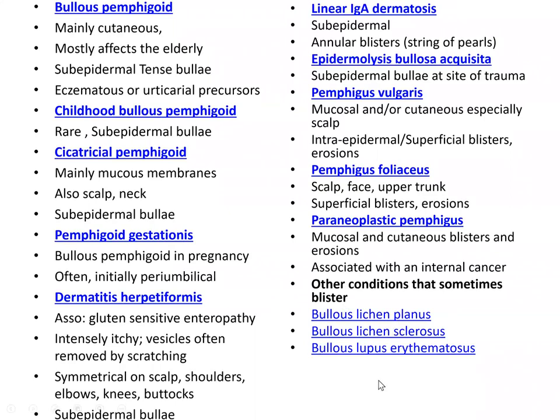In lichen planus, again, the basal cells are damaged in the epidermis, and so that can lead to a blister. And in lichen sclerosus, then lupus erythematosus, where again the basal layer is damaged, can give rise to blisters. So they are not blistering diseases per se, but they can cause blisters.